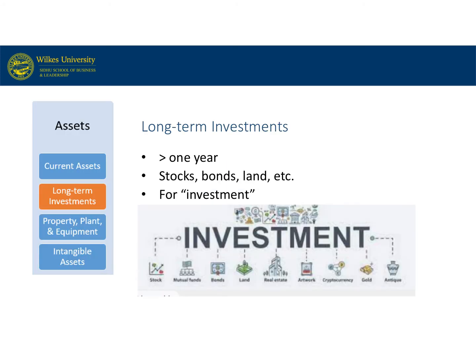The next asset on a classified balance sheet is long-term investments. These are assets that can be converted into cash, but whose conversion is not expected within a year. These include investments in stocks and bonds of other corporations that are to be held for over a year, long-term assets not currently used in the company's operations, and long-term notes receivable.